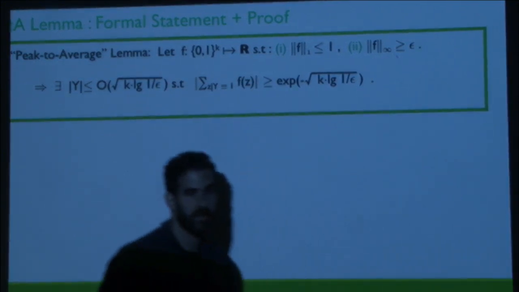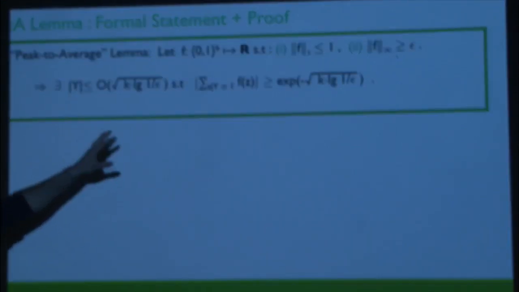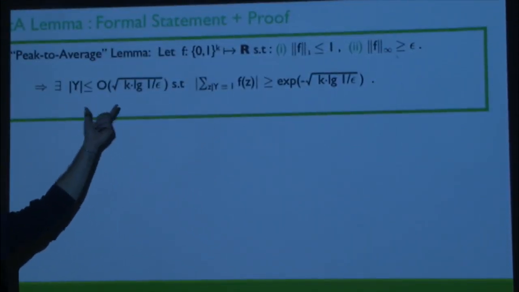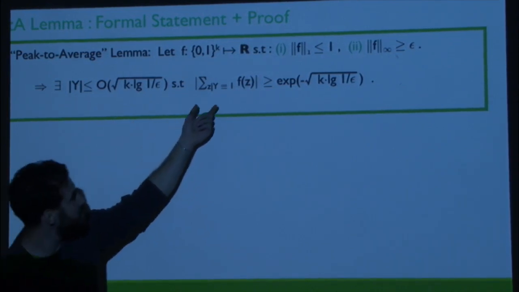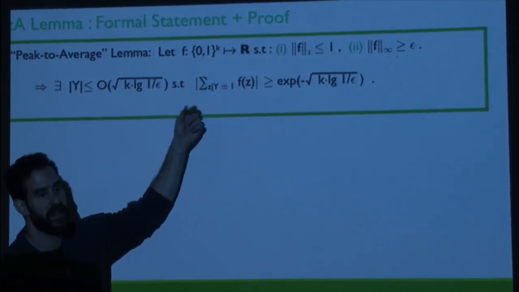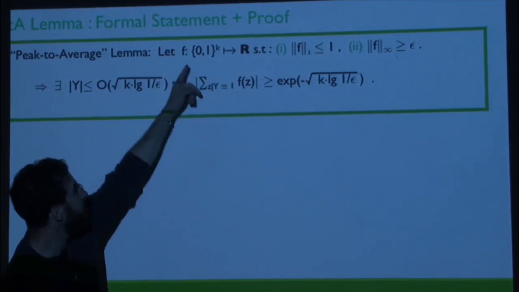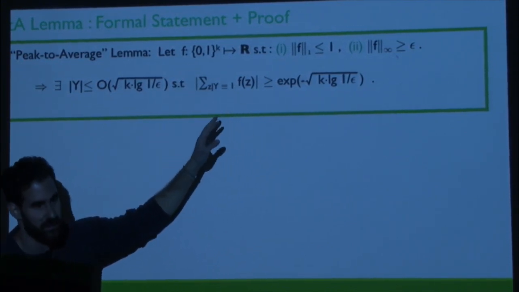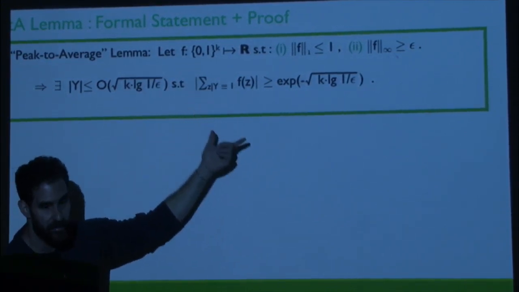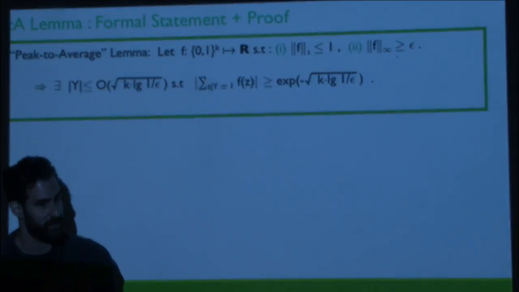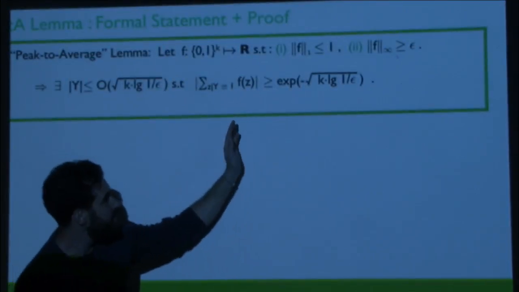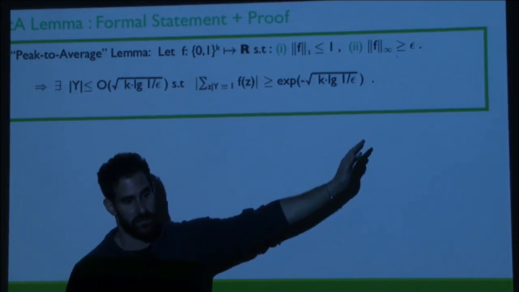Okay, I'm forgetting the data structure problem now. The claim is that there is a small set of coordinates such that if you condition on an assignment to these coordinates, in the binary case it's the all ones assignment, but it could be general, the average, not the average of the absolute values, the actual average, is bounded away from 0.